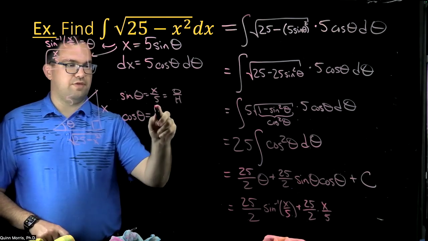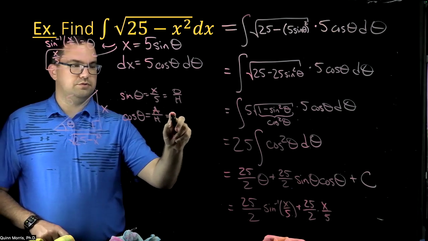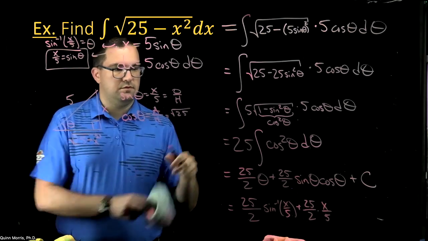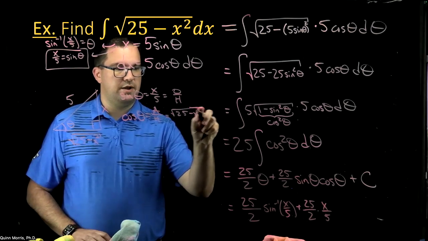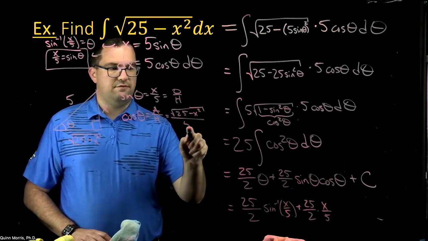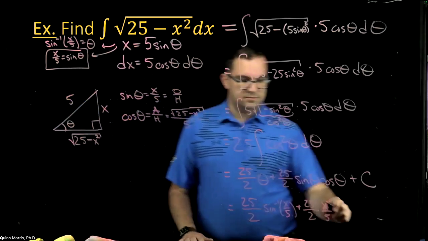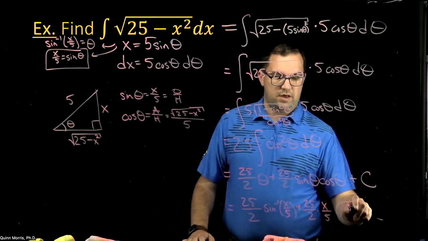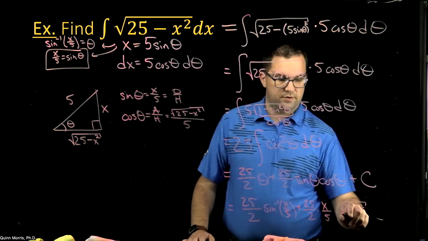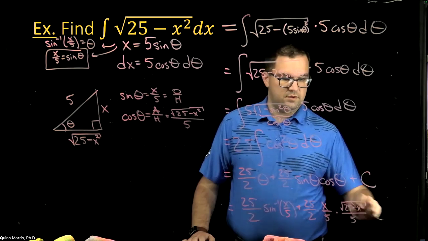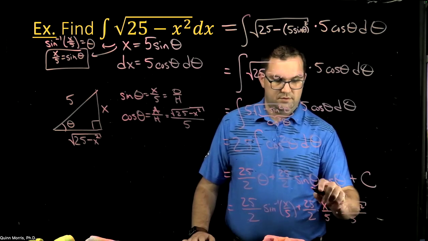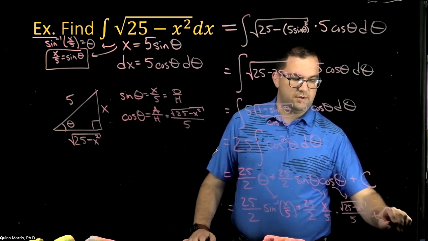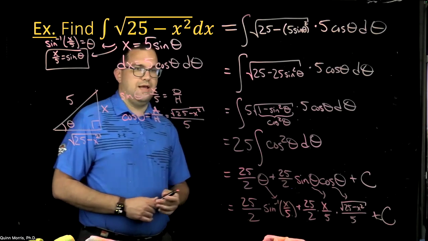And so cosine of theta, which is adjacent over hypotenuse, would be the square root of 25 minus x squared divided by 5. I can now substitute this into the denominator as the square root of 25 minus x squared over 5. That's my cosine of theta, my sine of theta, and there's my theta. Now I have successfully converted back to the original variable x.